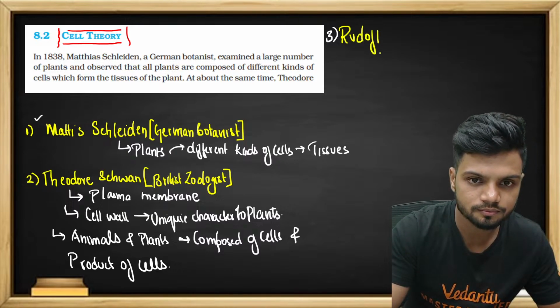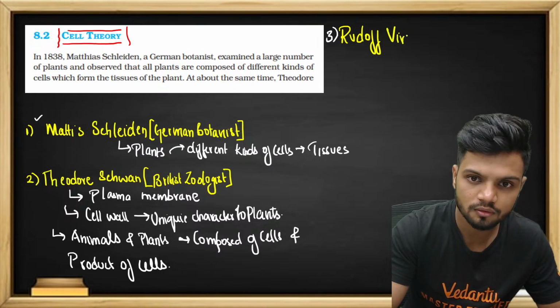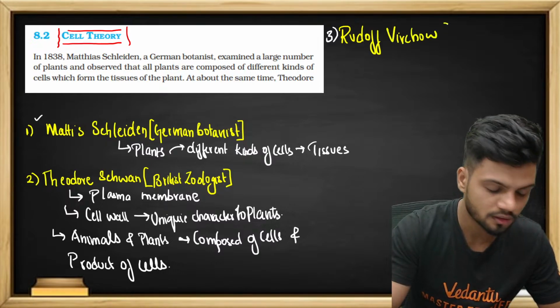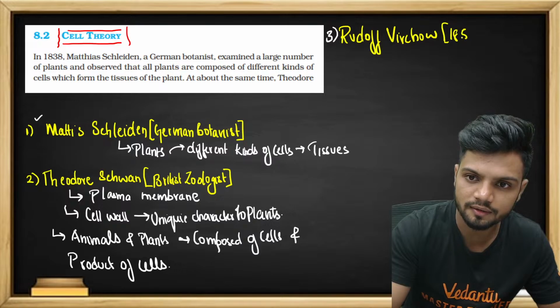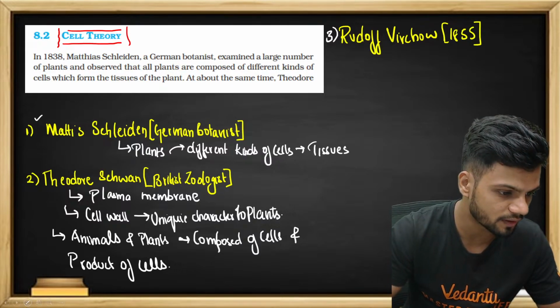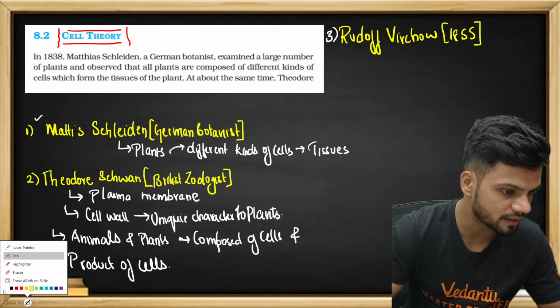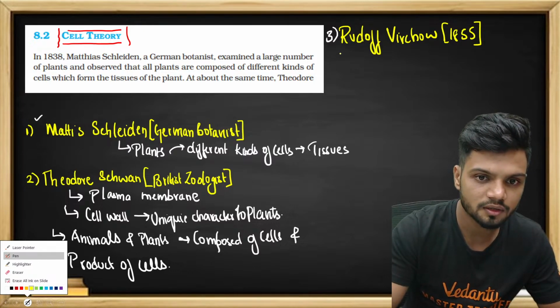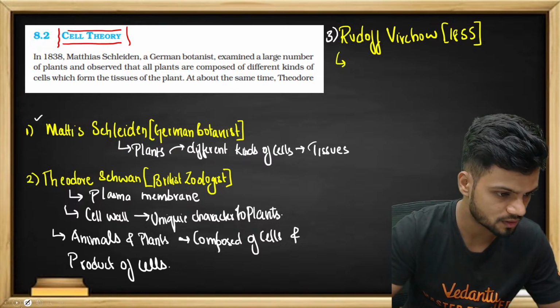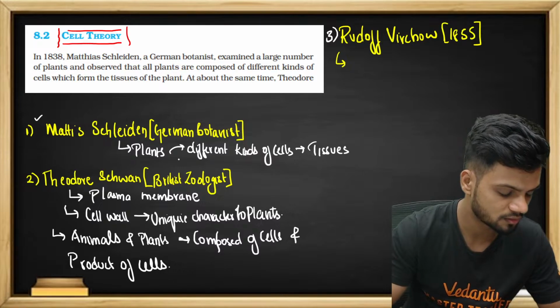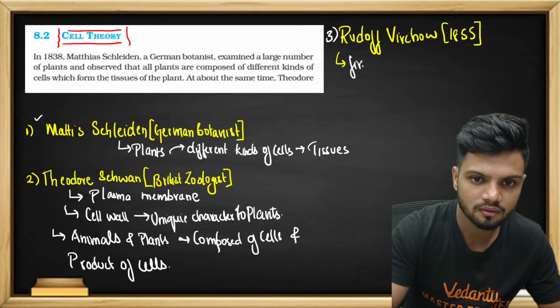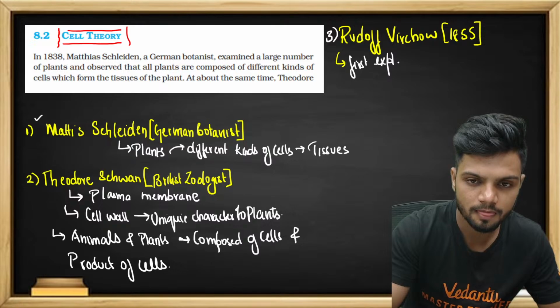Rudolf Virchow, in the year 1855, first explained, what did he explain?